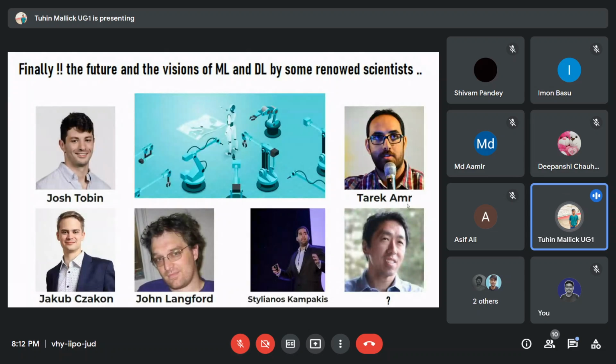So the current biggest challenge faced by machine learning developers: what has Josh Tobin said regarding this? In this part, the future and the vision of machine learning and deep learning by some renowned scientists, I will tell about some scientists and their comments on how machine learning development will ultimately go.